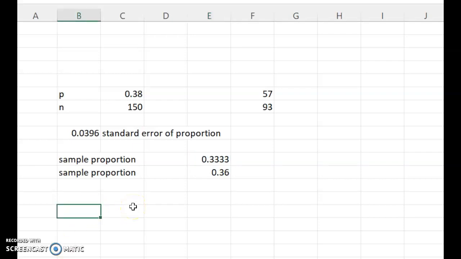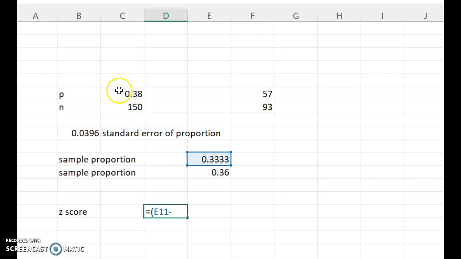So now we're ready to get our z-score. What you want to do is your sample proportion minus your proportion up here, divided by your standard error, which is this.